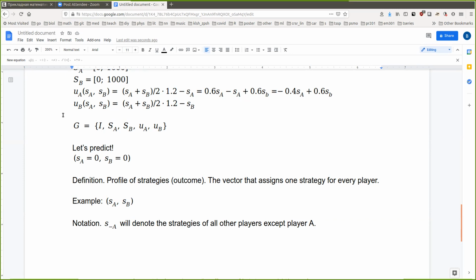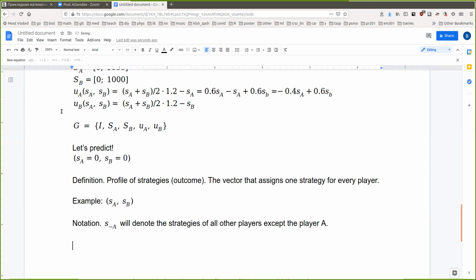That means not the player number minus 2. That means player number 1, player number 3, player number 4, and so on. So by S minus A, I will denote the strategies of all other players except the player A. So that's just a useful notation.